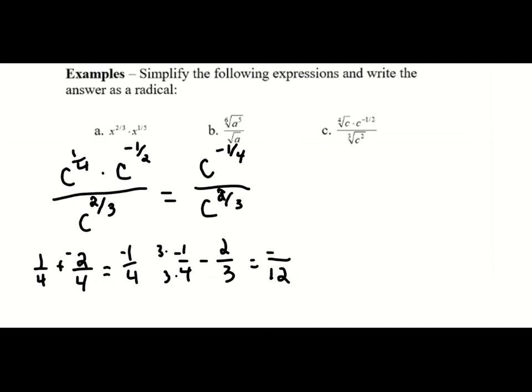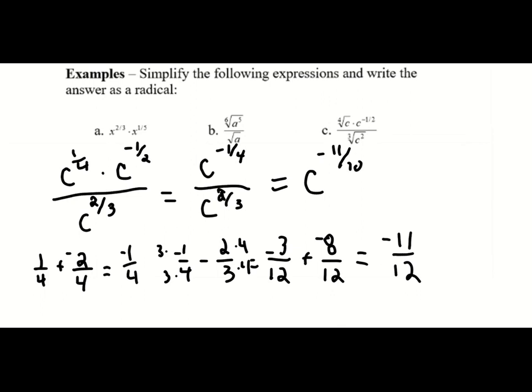So negative 3 twelfths minus, this would be times 4, so 8 twelfths. All right, and negative 3 minus 8 is the same as plus that negative 8, so it gives me a negative 11 twelfths. So right now I have C to the negative 11 twelfths.